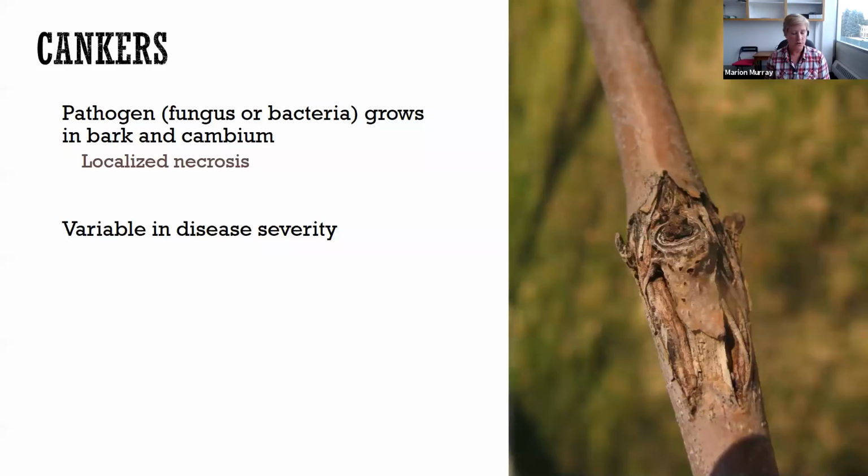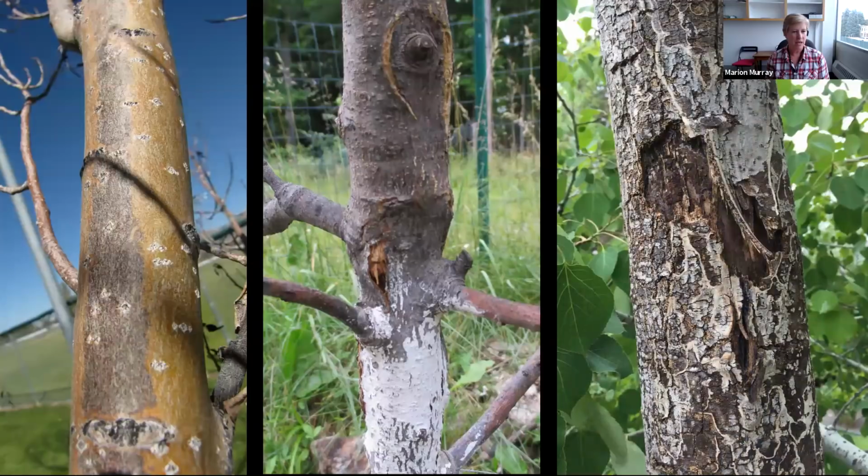And of course, the response by the tree can vary depending on the pathogen or the tree itself. General symptoms you might encounter with a canker, on the far left, would be discoloration of the bark, of course, because it's dead. The bark may become sunken and the bark may flake off in patchy areas, shown on the right.